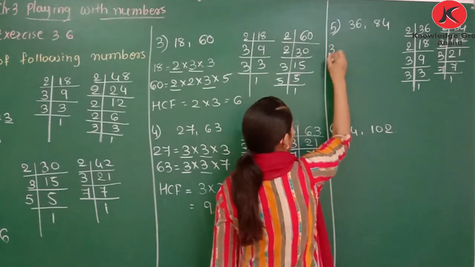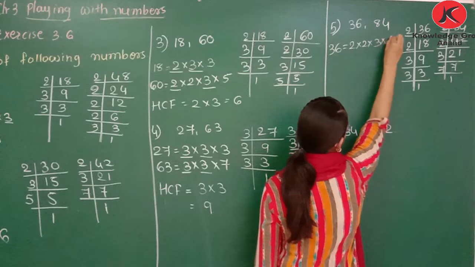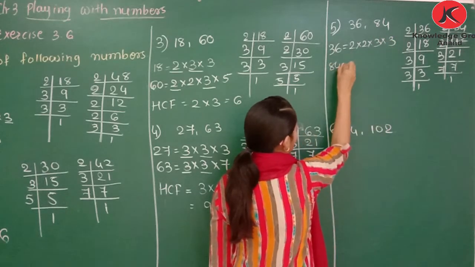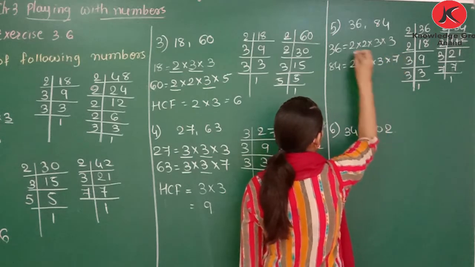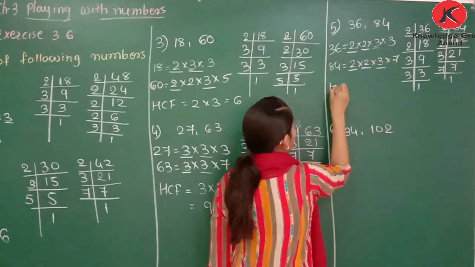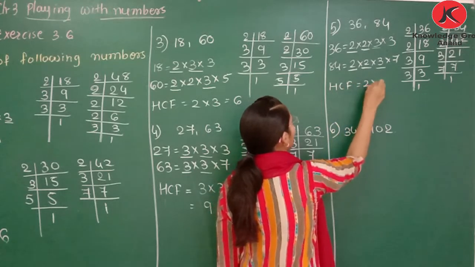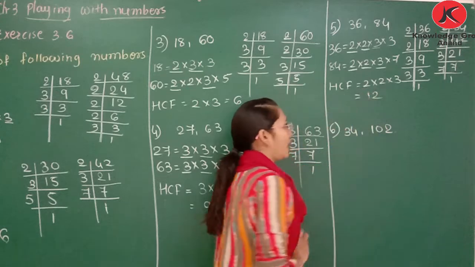So factor of 36, 2 multiply 2 multiply 3 multiply 3, and factor of 84, 2 multiply 2 multiply 3 multiply 7. Common are 2, 2 and 3. So HCF, 2 multiply 2 multiply 3, that is 12.